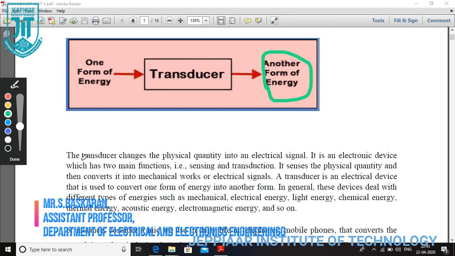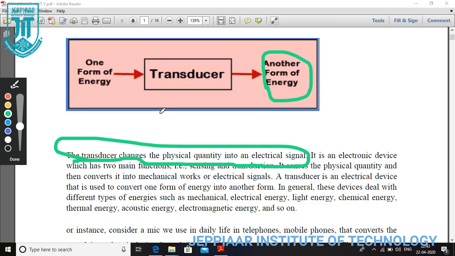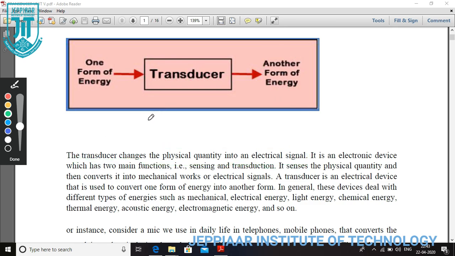The transducer changes the physical quantity into an electrical signal. It is an electronic device which has two main functions: sensing and transduction. It senses the physical quantity and converts it into an electrical signal.